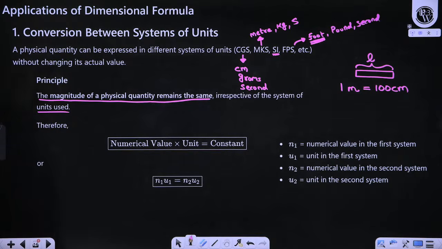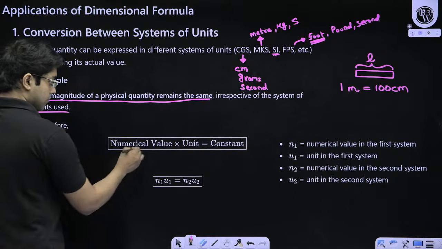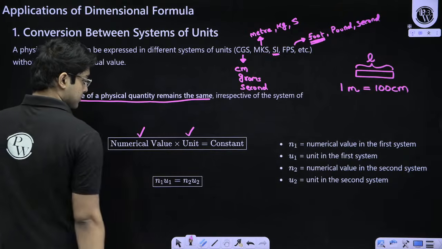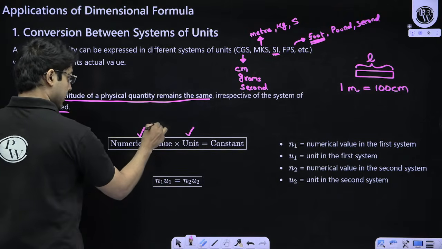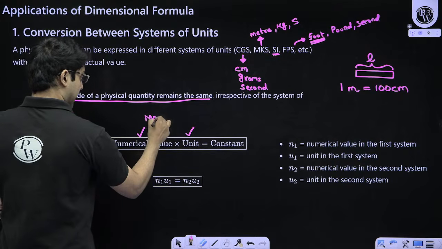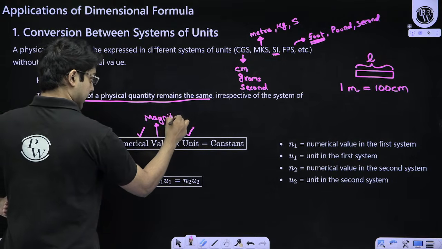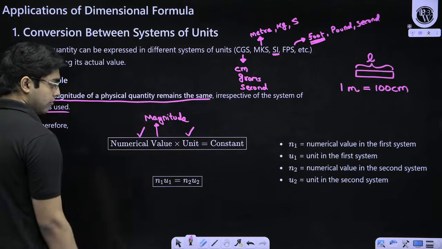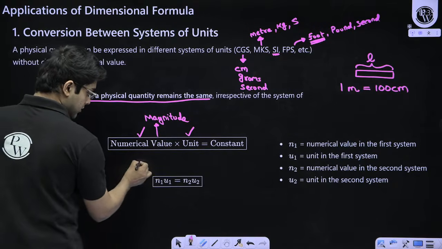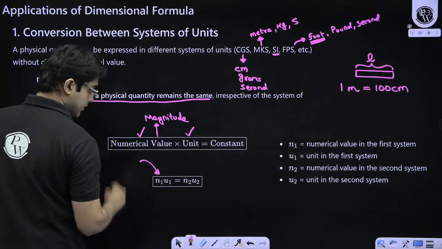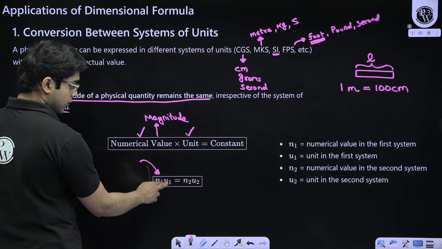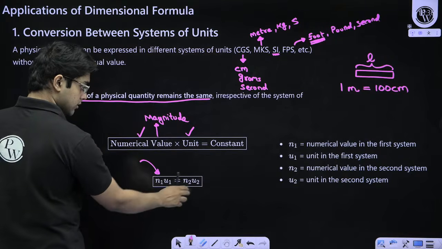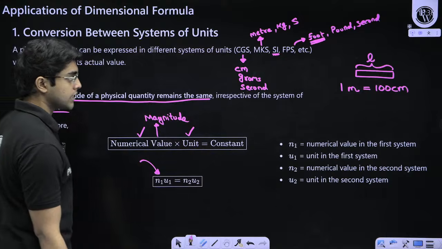So whichever unit system you choose, the numerical value into unit is the magnitude of the length, or basically anything, and this will remain a constant. So we can make a relation like this: numerical value in the first unit system into unit of the first system is equal to N2 U2, the numerical value in the second system into unit of the second system.